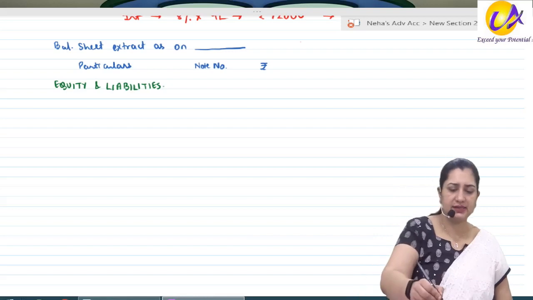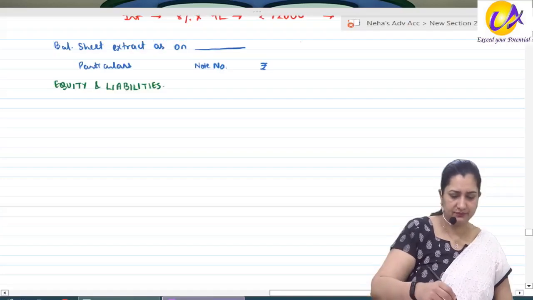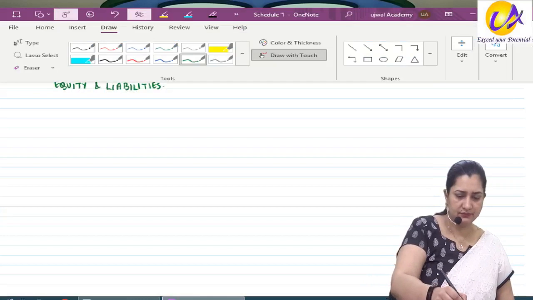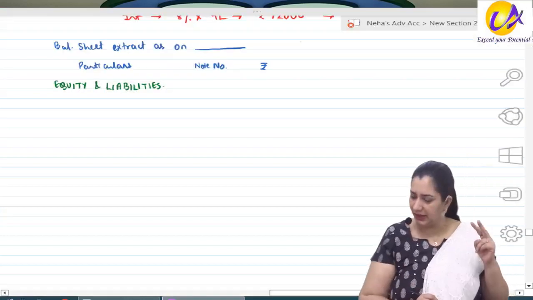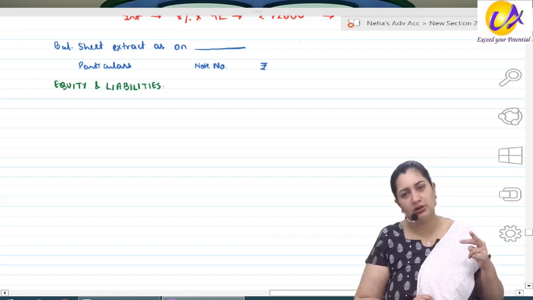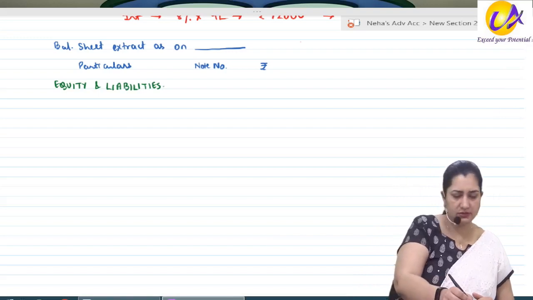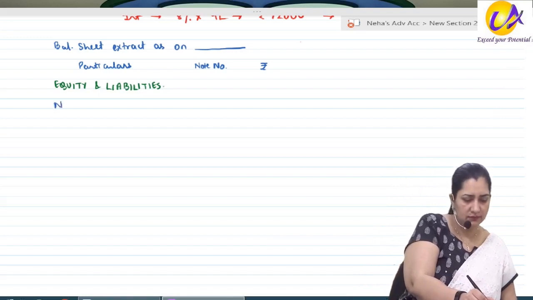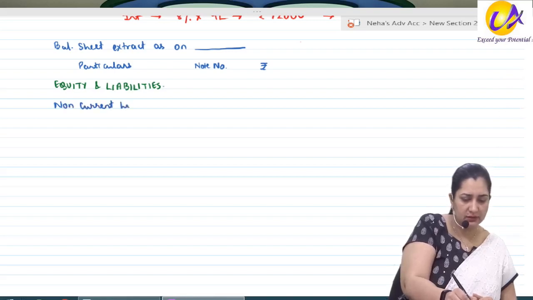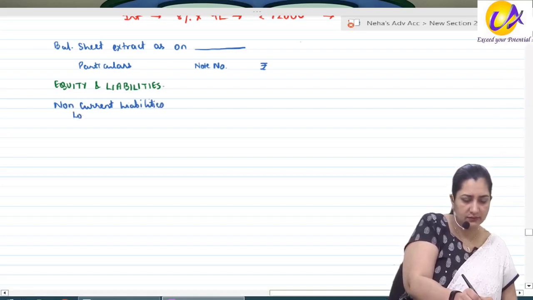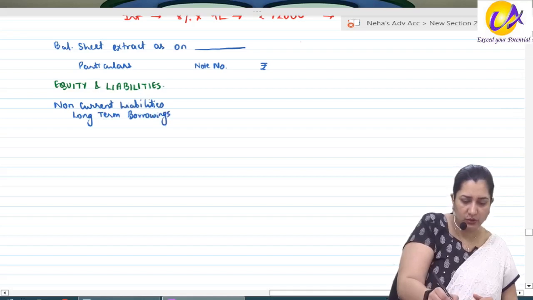Under equity and liabilities, here we have two things now, long term loans and short term loans, both are there. So we write it as non-current liabilities. This is the main heading, non-current liabilities. Under non-current liabilities I have some long-term borrowings, which will be note number 1.